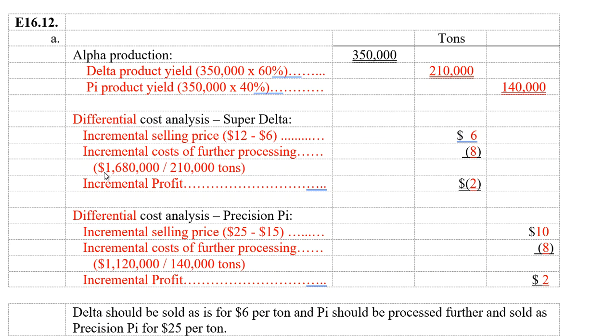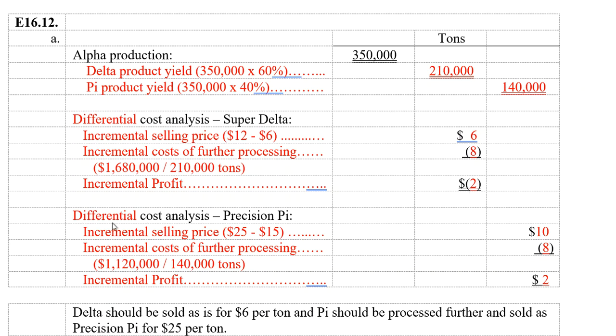But then look at this. This is a number they give us: 1,680,000 divided by the whole 210 tons of delta is the cost of processing it further. And it turns out that's $8 per ton. So the incremental profit is $2 on that.